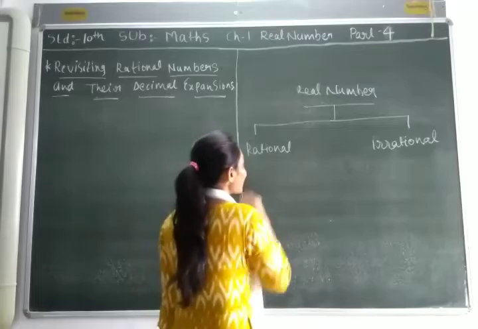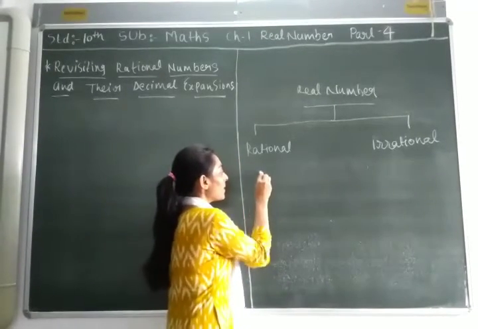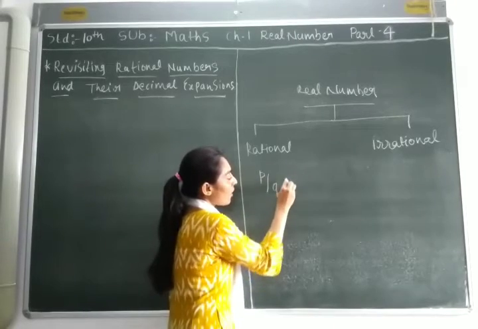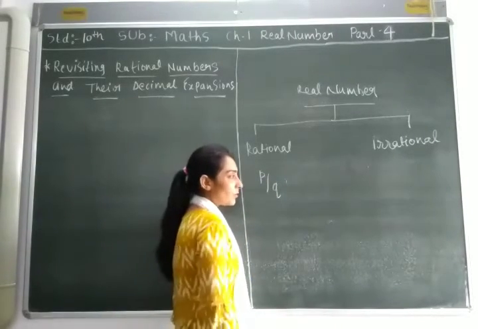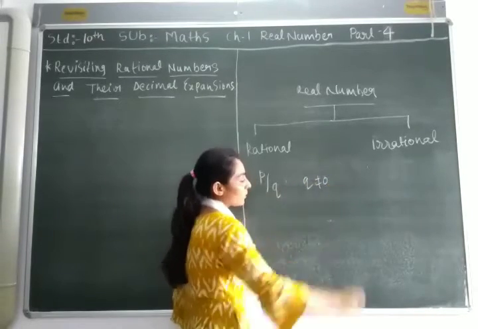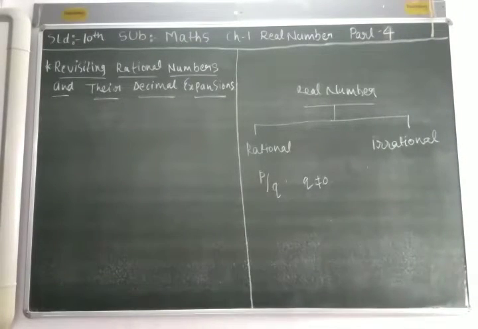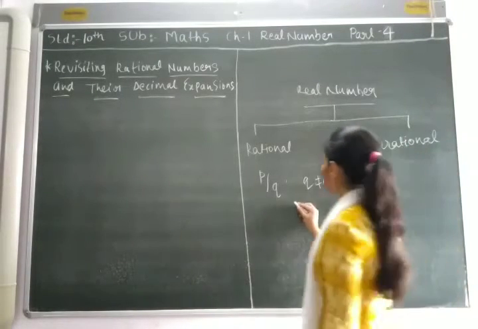In a rational number, we can express a number in P by Q form, and Q is not equal to 0, where P and Q are integers.